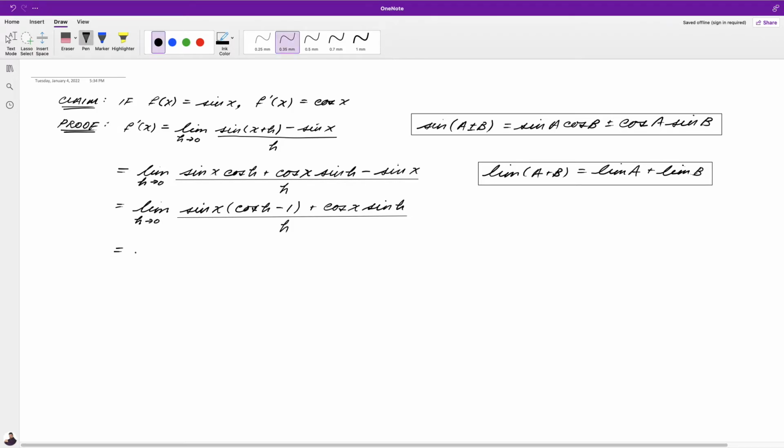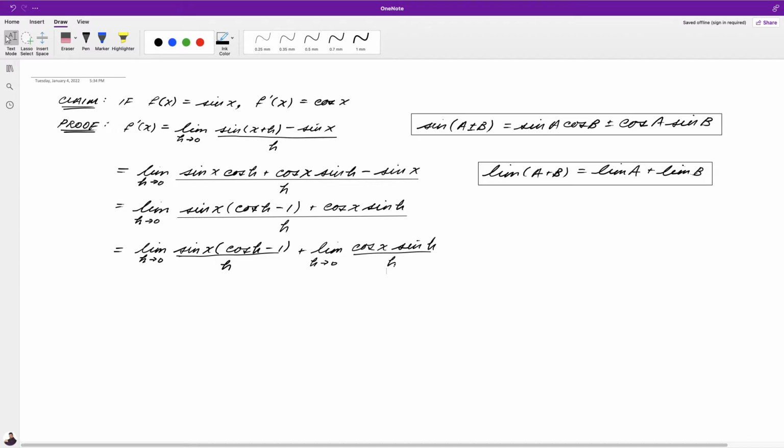We've got the limit as h trends to 0 of sine x times the quantity cosine h minus 1, all of that over h, plus the limit as h trends to 0 of cosine x sine of h over h.